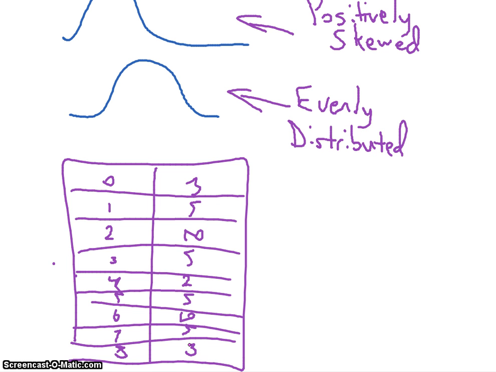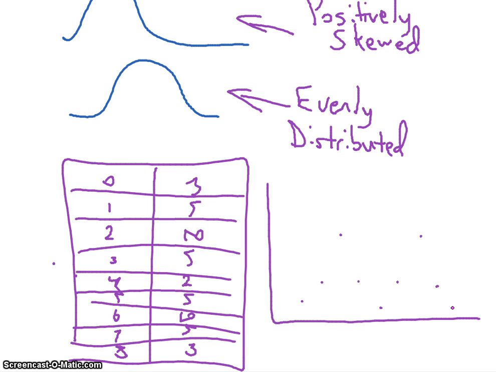Okay? What you have to do is look at that and picture it as a graph. Or you can draw the graph. Whatever helps you. Now, when I say draw the graph, look at this. You do that. And then you go, okay, so that's at 3, 5, 10, 5, 2, 5, 10, 5, 3.